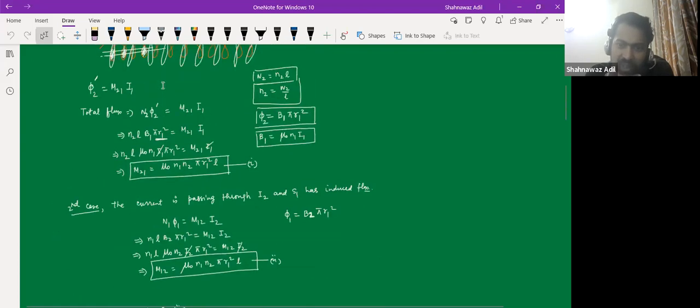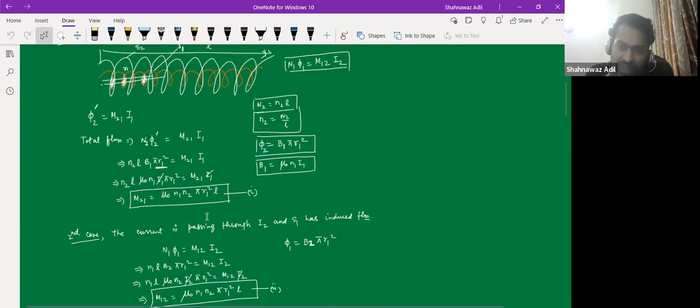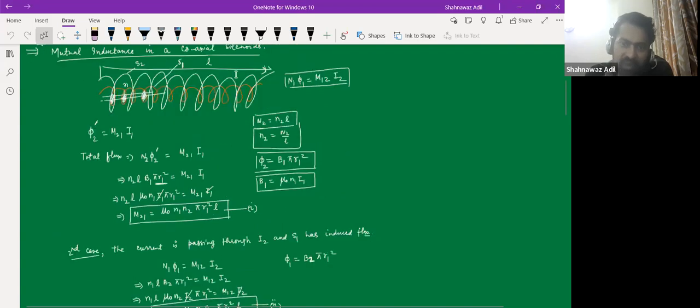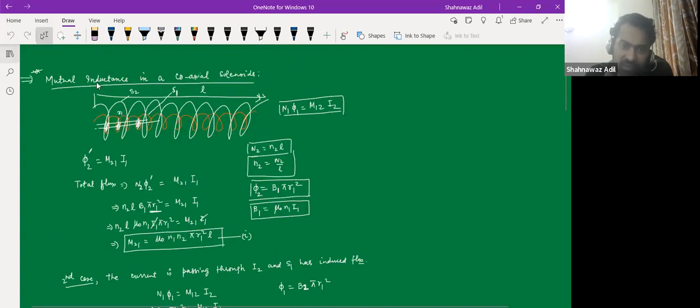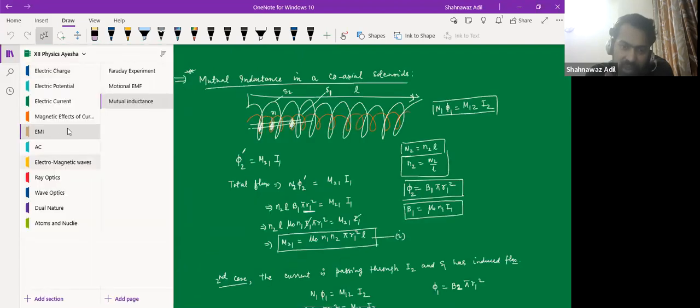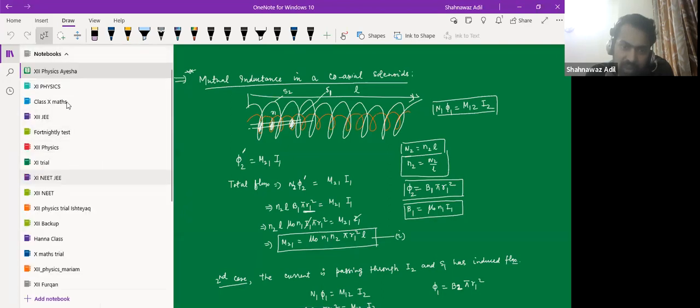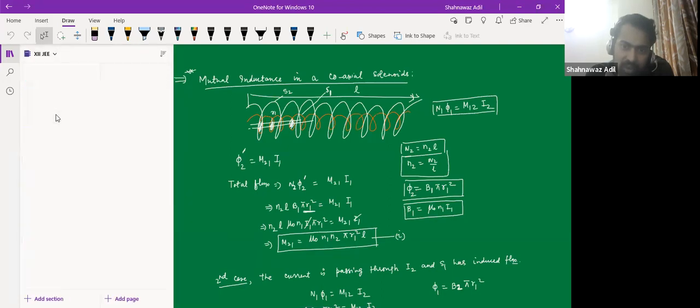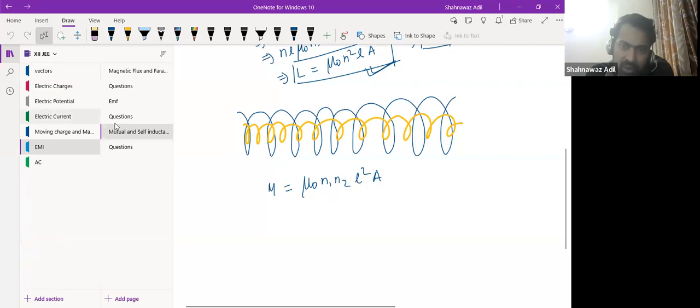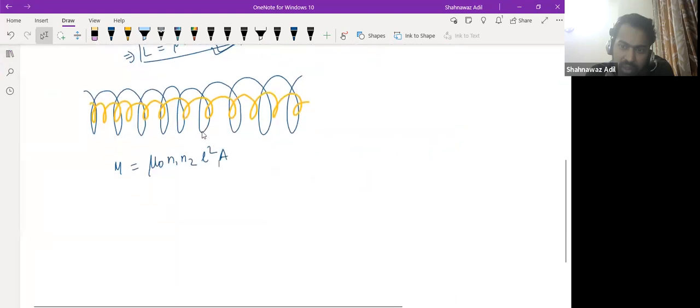The only thing that is different is that you have different mediums. This area depends on that, and these are the two things that we have to remember.